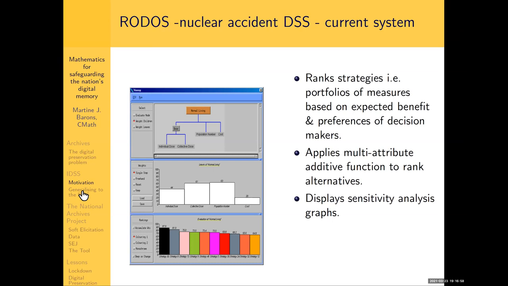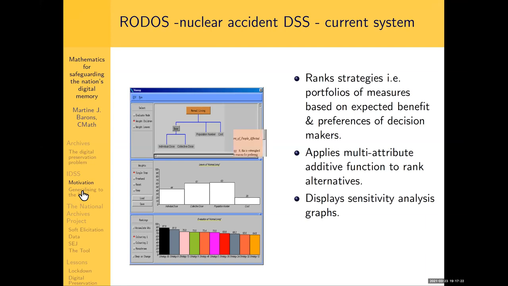We have a set of utilities, or measures of success, which are to do with return to normal living and the cost of that. And then there are these 4 attributes in the middle box. You can see the different contributions they make to the overall score. And then on the bottom, you can see candidate policies ranked according to the utility score that they have.